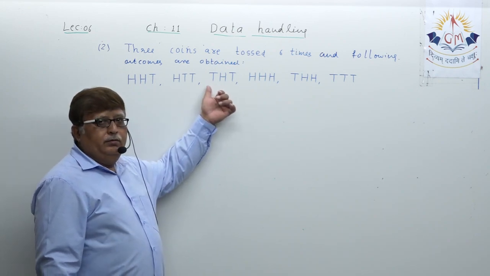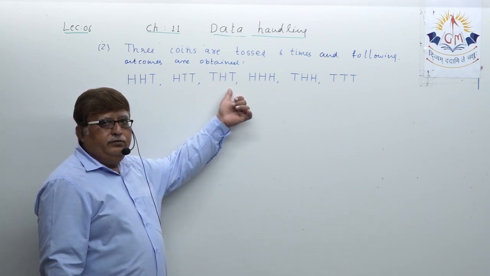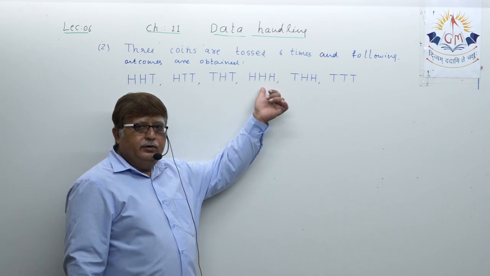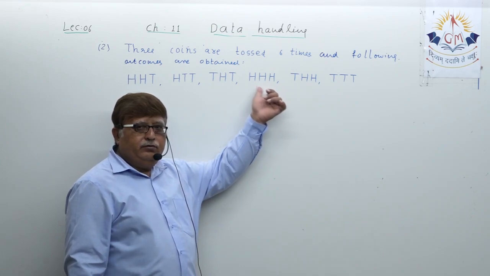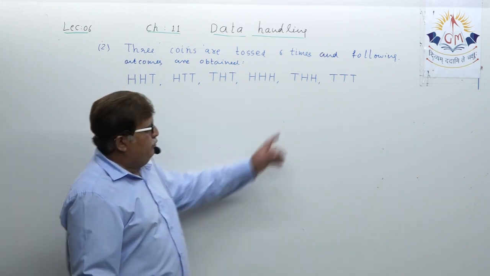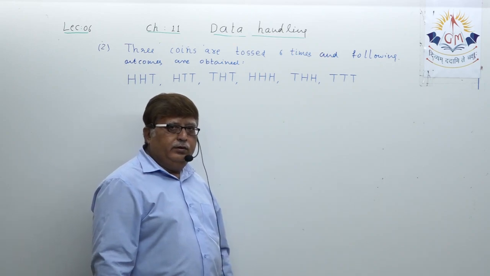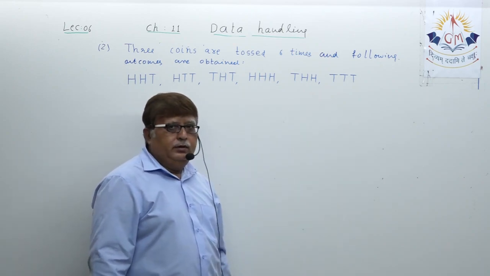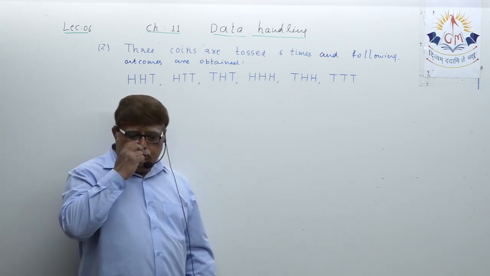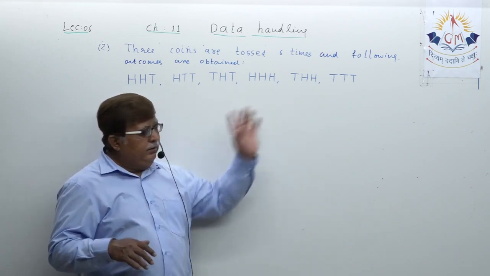Here, first coin tail, second H, third T. Here in this case, you are getting heads on all the coins when they were tossed. Here, first tail, then two heads. Here, three tails. When you tossed three coins at a time, you got tails.